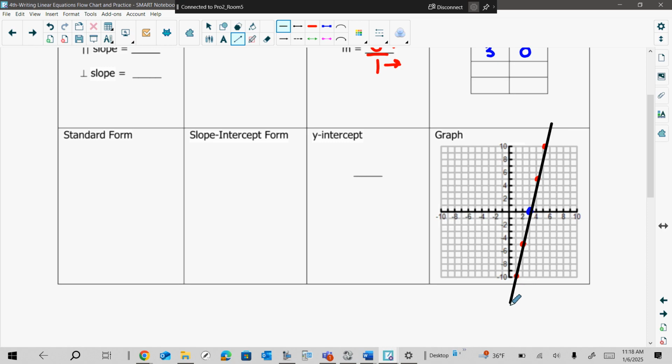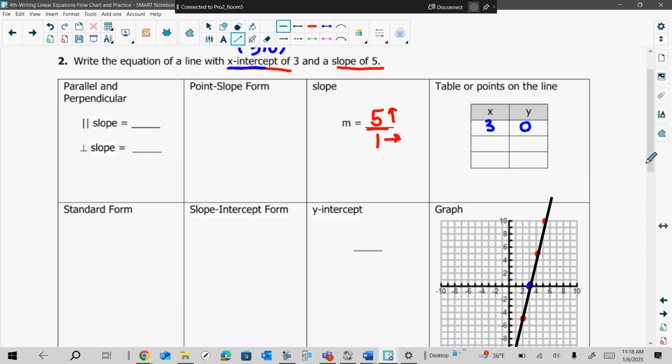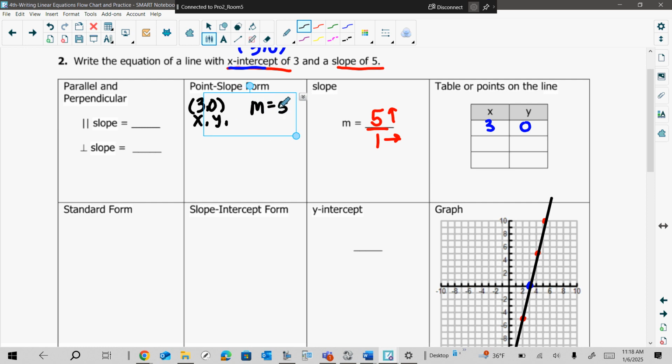But what I am going to be able to do is use the point (3, 0) as my x1 and y1, and m equals 5 as my slope. So this would be y minus 0 equals 5 times the quantity x minus 3.